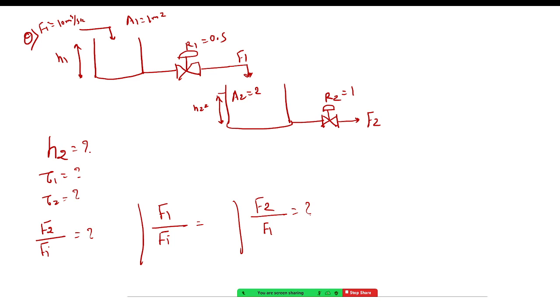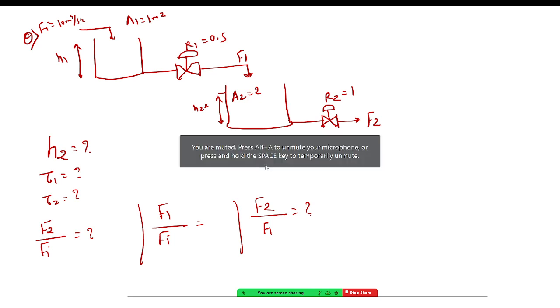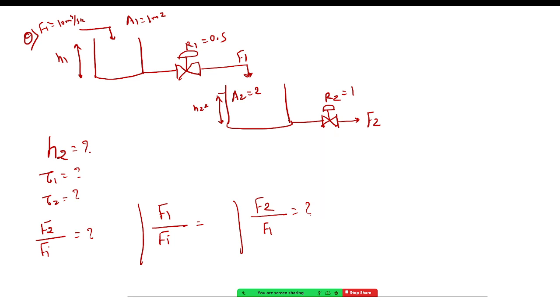In terms of S, values come like height of S2. Yes, in terms of S only, that's it. After that, we'll give some step input and all. Only this will give you the transfer function, right? I think you cannot calculate the value of height h2 directly right now.